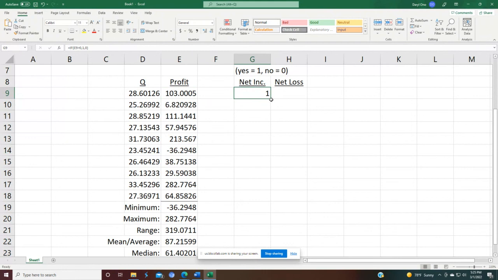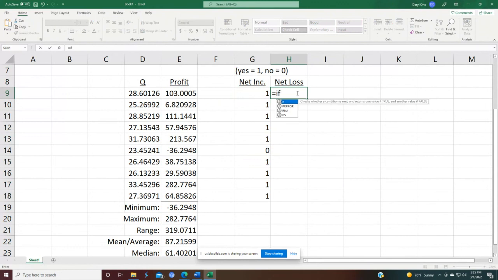We can copy this all the way down. This works. Yes, yes, profit, profit, profit, profit. Loss, no. Profit, profit. So it looks like it works. We can do the same thing here. If this is less than 0, it's a net loss.